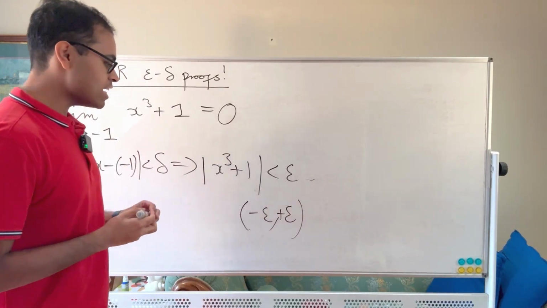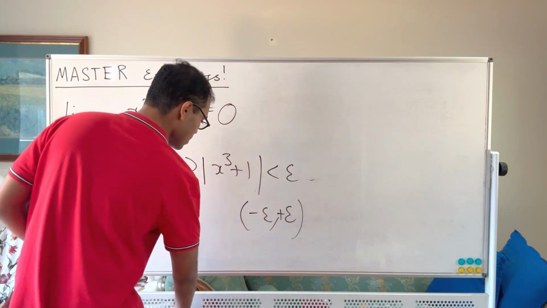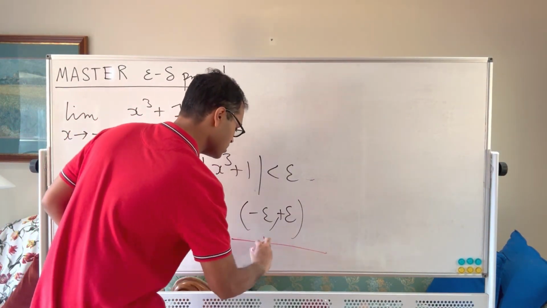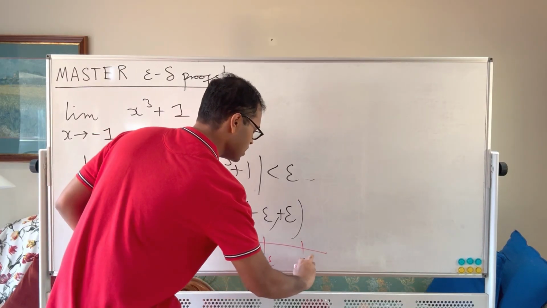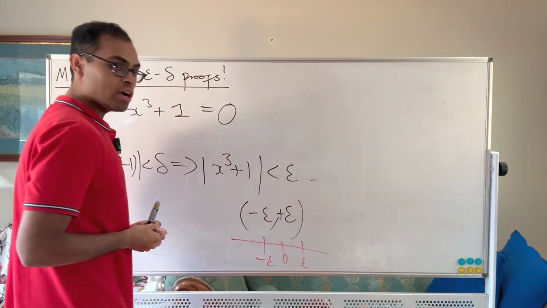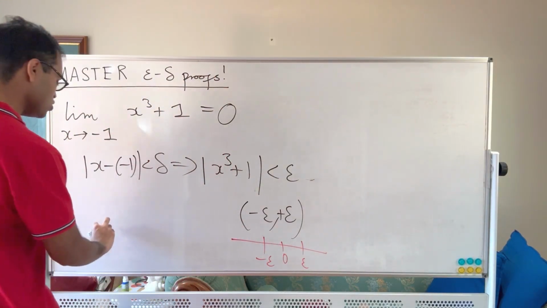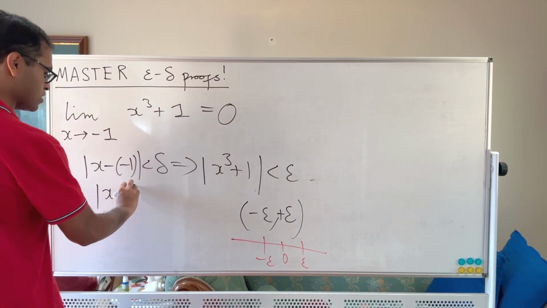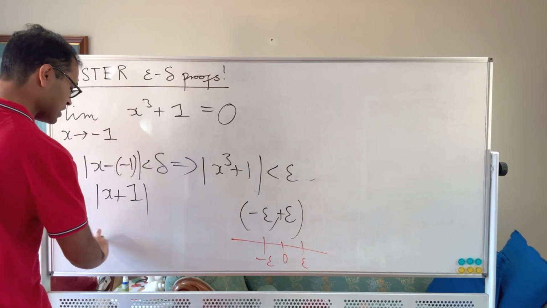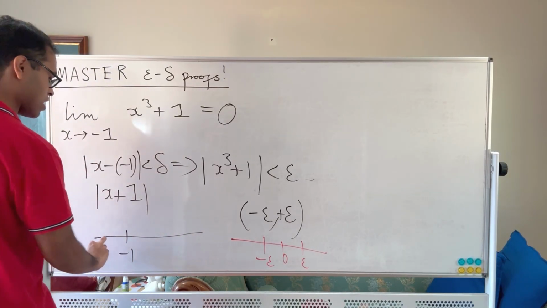If I want my x cubed plus 1 to be in that range on the number line, this is minus epsilon, this is plus epsilon, this is 0. If I want to ensure that our x cubed plus 1 is somewhere in this range, I need to ensure, this is just going to be x plus 1, that x is within some range of -1 on the number line.